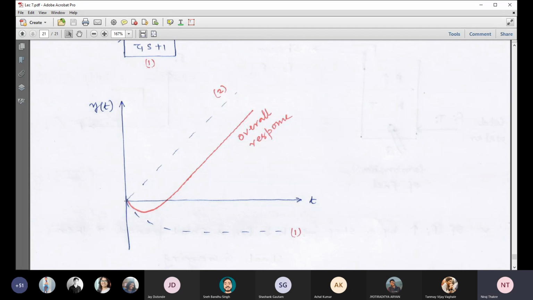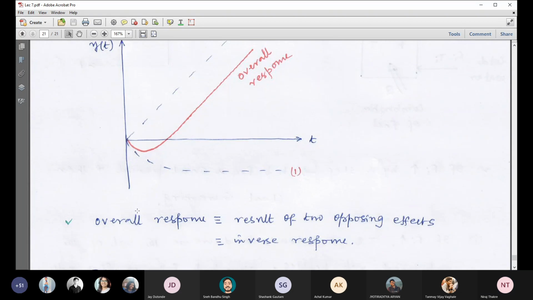I repeat, initially it is going in opposite direction. And after that, it is moving, you see, up. Initially it is down, then it is up. So that's why it is called inverse response.